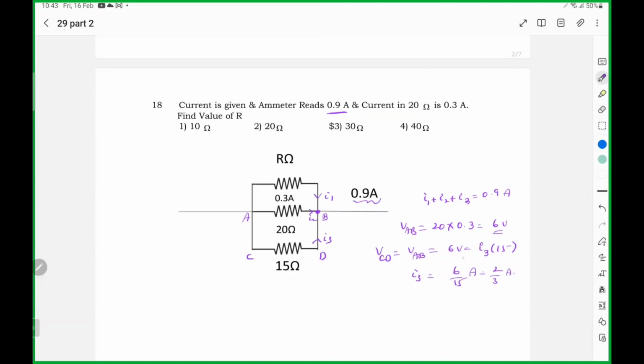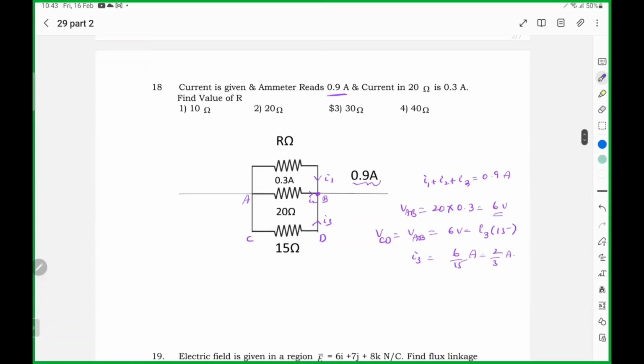So here it is 20 into 0.3. 15 into I3 is 6. It is 0.4 amperes. So I1 plus I2 plus I3 is, I2 is 0.3, I3 is 0.4.